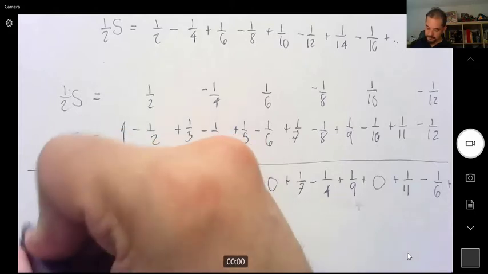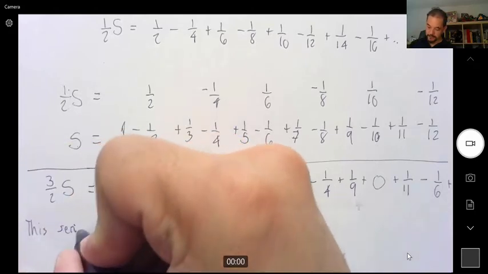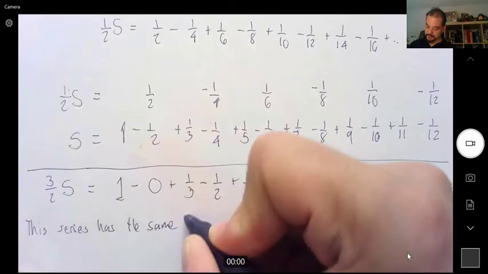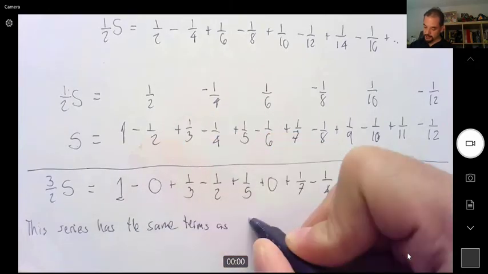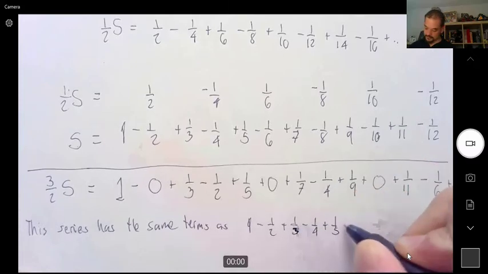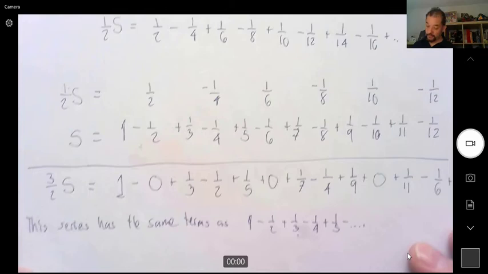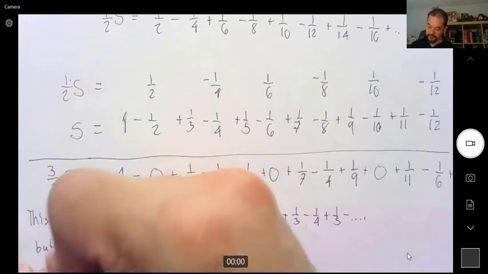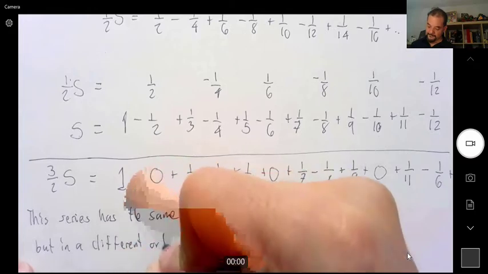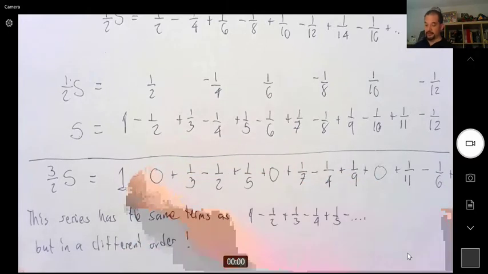So this series has the same terms as 1 minus 1/2 plus 1/3 minus 1/4 plus 1/5, etc., but in a different order, right?